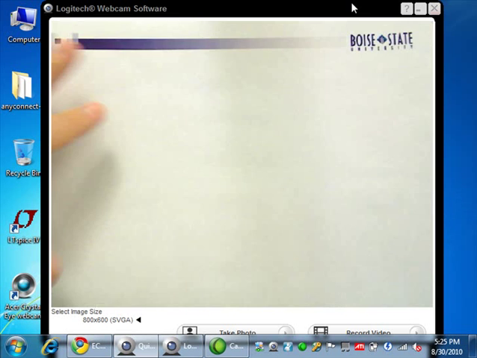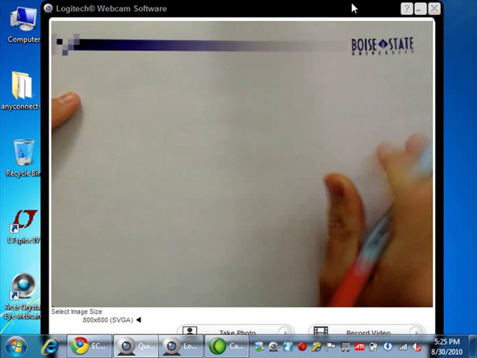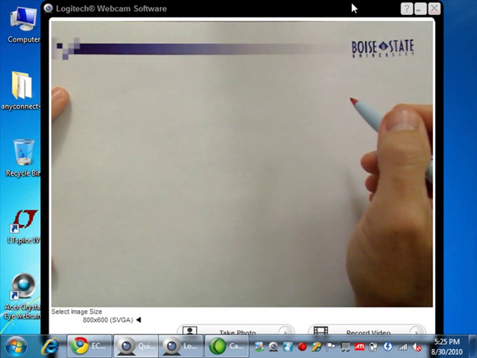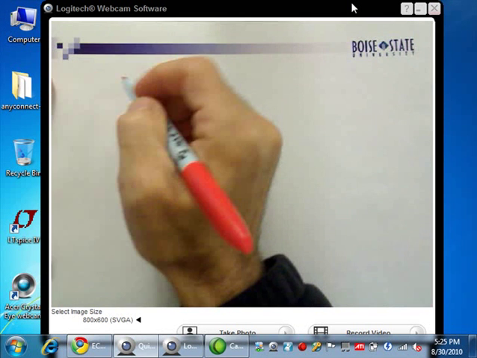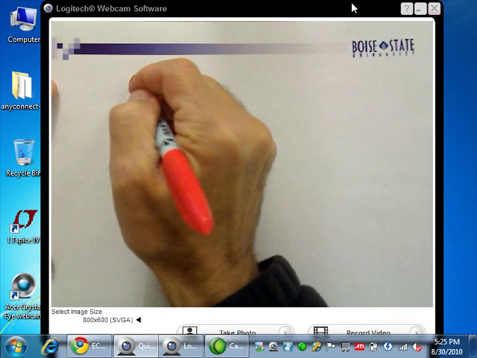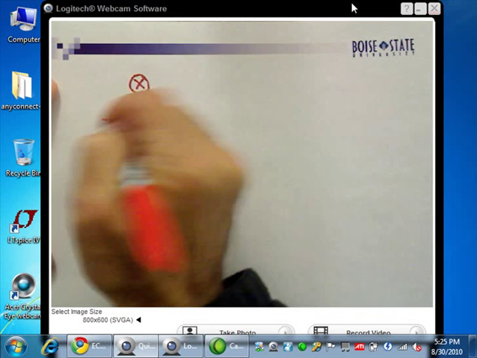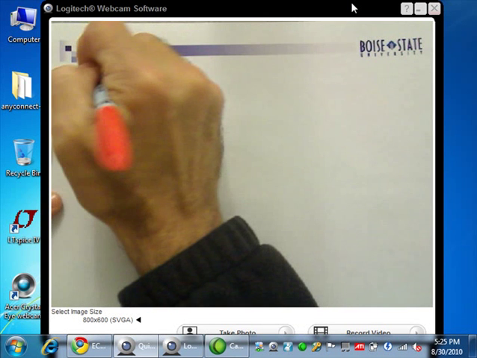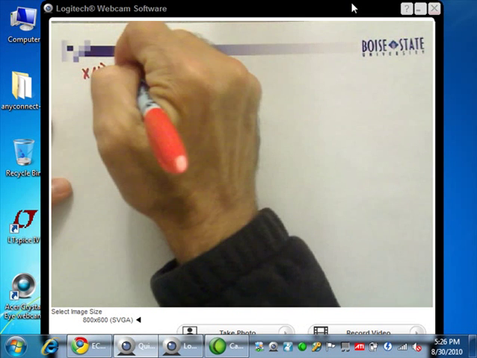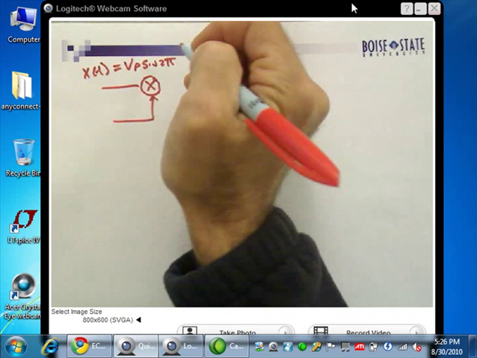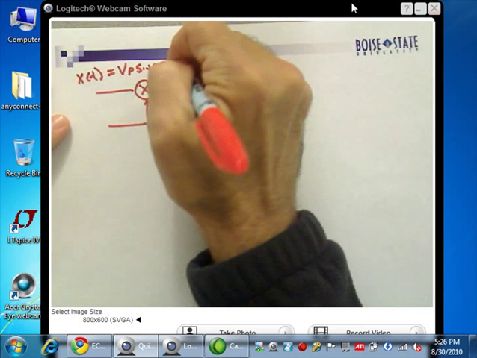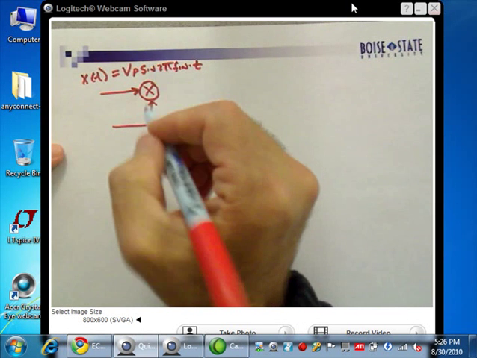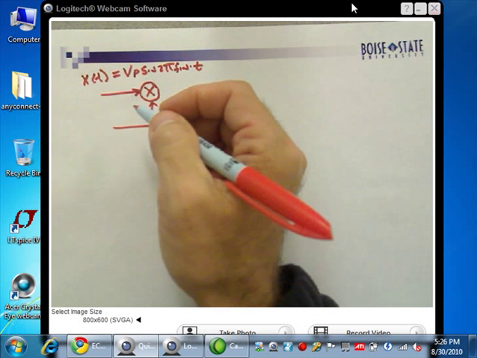Okay, so in sampling, what I'm going to do, I've got a multiplier, and I'm going to multiply an input signal, let's call it, just to be consistent, x of t, which is Vp sine of 2 pi Fn times t, and I'm going to multiply that times a delta function. What did I call it here?